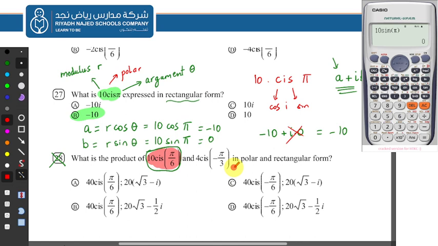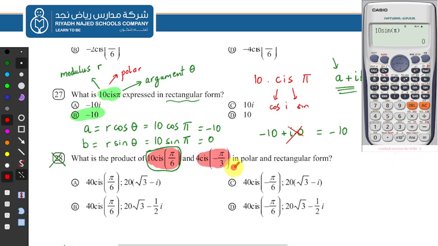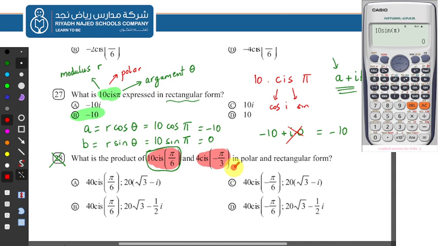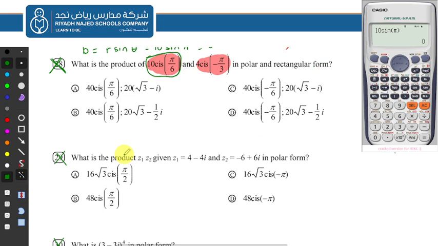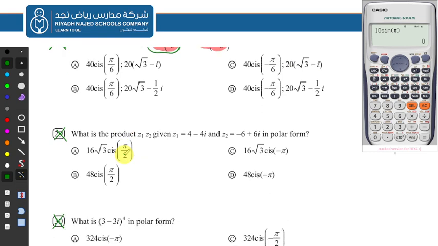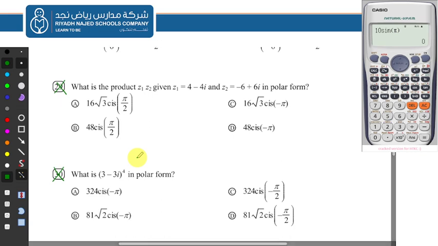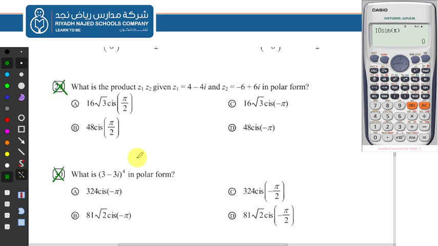Instead of 10 CIS of pi, which we already converted into -10, now convert 10 CIS of pi over 6. And you can also convert the second complex number too. But question 28 won't be included in the exam. Also question 29, also question 30 for this quiz, they are cancelled.